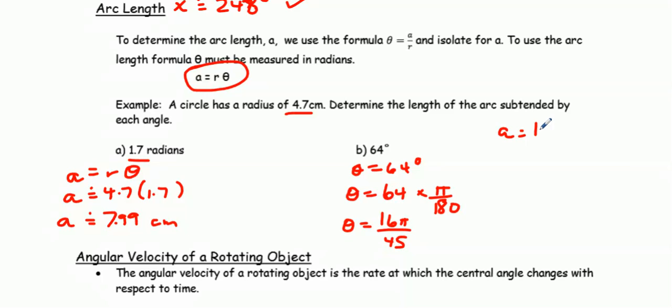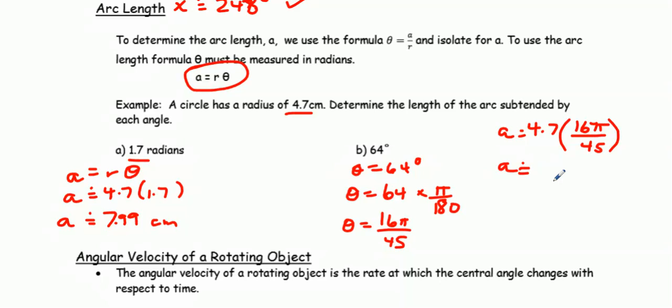And so if I wanted to now find the arc length, I could say A equals R, which is the 4.7, we'll put that in first, and then times 16 pi over 45. Now, because I need a length, and I've already got a decimal here, I'm just going to keep going. I'm not going to get an exact arc length in terms of pi.